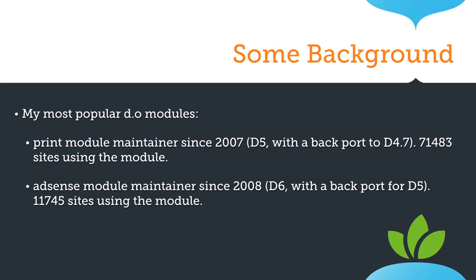I started with the D5 version, and then I backported it to Drupal 4.7. I have no idea why I did, because I think I never actually used Drupal 4.7. And there's 71,000 usages of the module. The print module story is, when I wanted to start with a content management system at the time, I really liked one feature that Joomla had, which was the ability to have these nice icons to print PDF and to print to the printer.